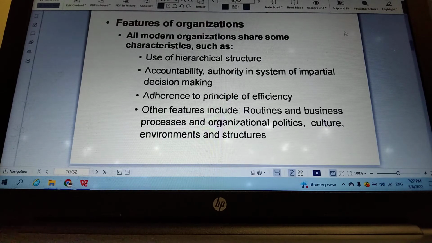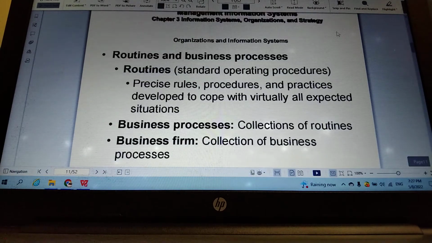So these are what we call the features of any organization, and more or less all organizations are quite similar. Definitely things are slightly different when you compare a physical organization with an online one, but in general the features of the organization are the same.